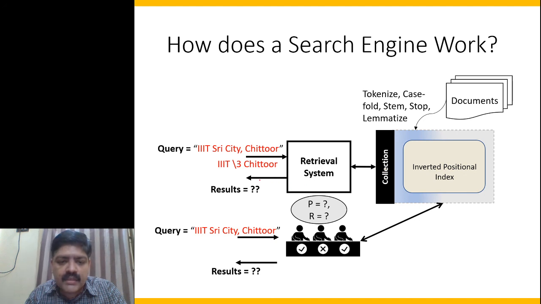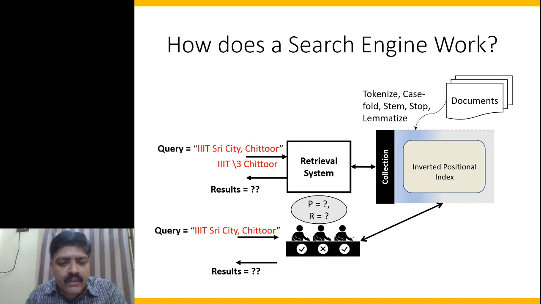Now that I have the matching documents, I am interested in finding the goodness of my system, and I am asking what is the precision and what is the recall of my system. Or in other words, am I retrieving all the relevant documents, and am I retrieving only the relevant documents? These are the questions that I'm asking. To answer them, one way is to have human judges look at the same collection of documents and come up with a list of results, and we compare.